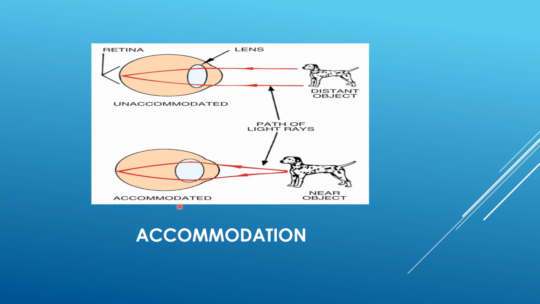In the accommodating eye when viewing a near object, we can compare the lens structure. It's more globular, more curved than in the non-accommodating eye. This makes the near rays of light come to focus on the retina.